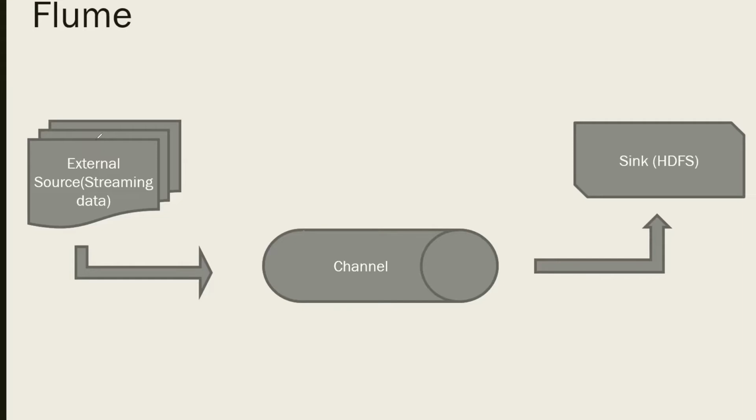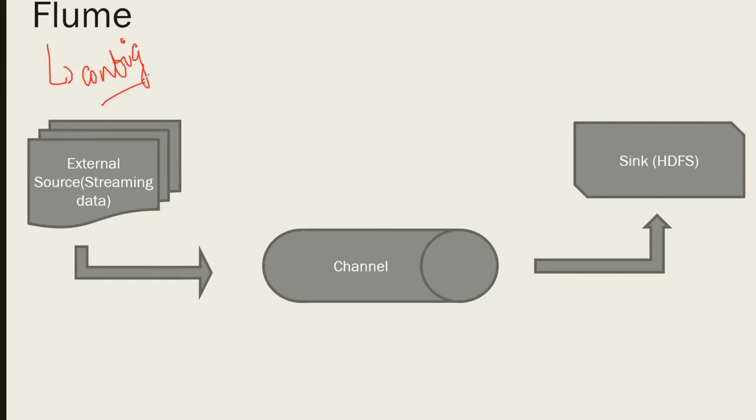Now, in order to extract this streaming information, the Flume component expects you to write a configuration file, which is very simple because you are not building it from scratch. There is a template for this configuration file.